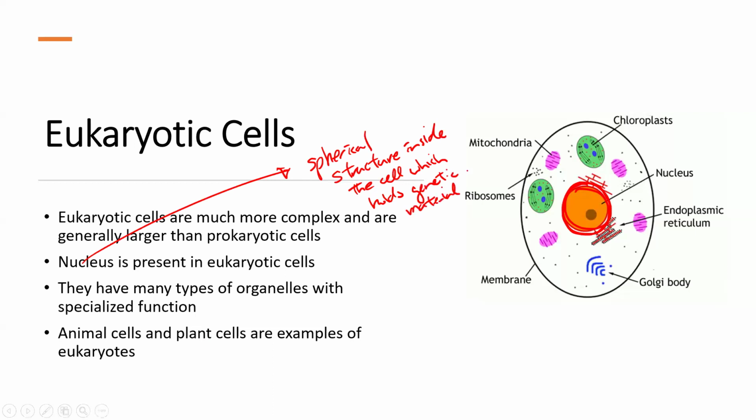Our DNA is packaged inside the nucleus. So eukaryotic cells have a nucleus. Prokaryotic cells do not.